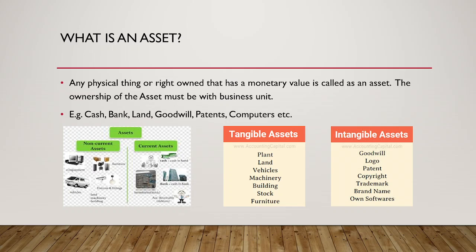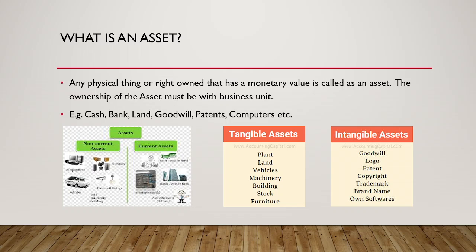No one else can produce this tablet for the next 10 years. That is copyright. The word copyright you must have heard in movies. Whenever a movie is made, you cannot make videos of the movie and put them on YouTube, right? Why? Because of the copyright.